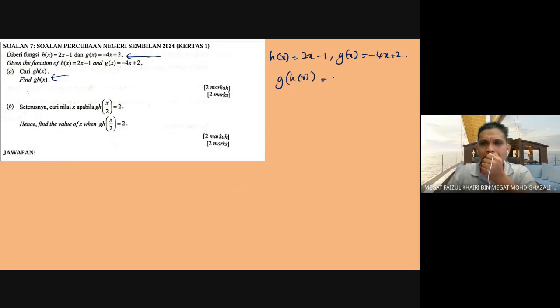gh(x). So g is the function outside, and h is the function inside, h(x) equal to 2x minus 1. So this is a composite function between h and g.